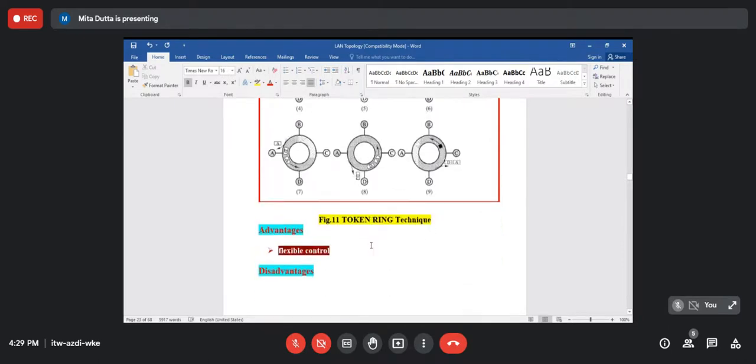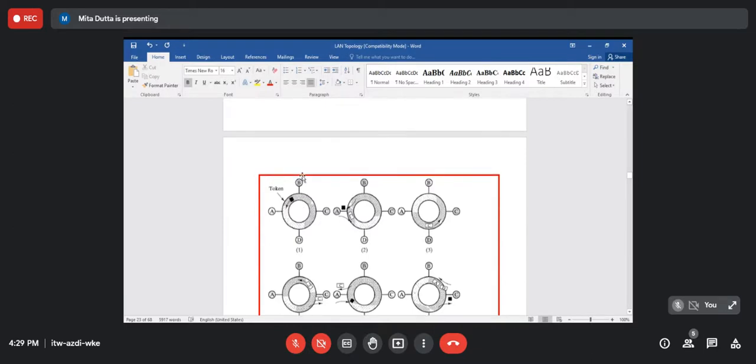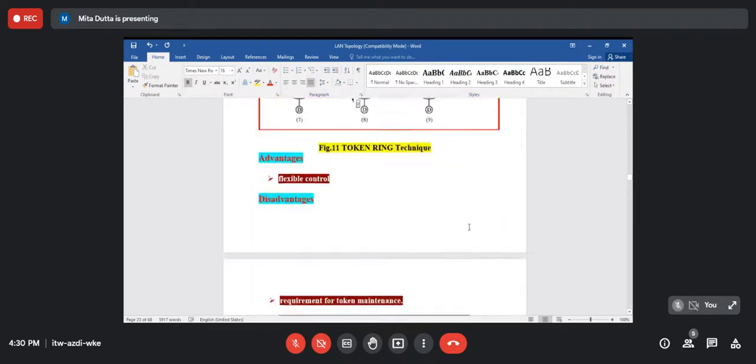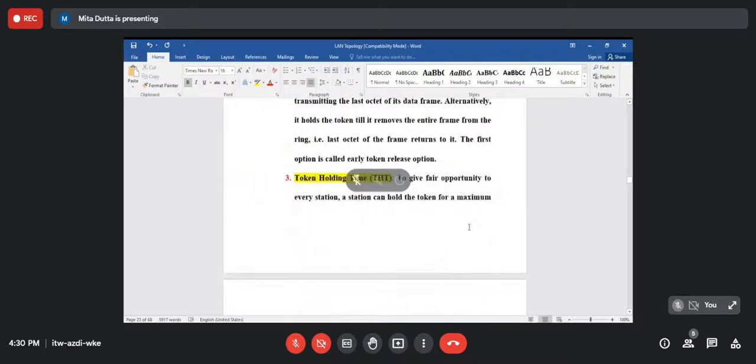And by token holding time, how long each station will hold the token is mentioned in the token data frame. So in this way, we can improve the token ring protocol. Clear? By token priority, early token release and token holding time.